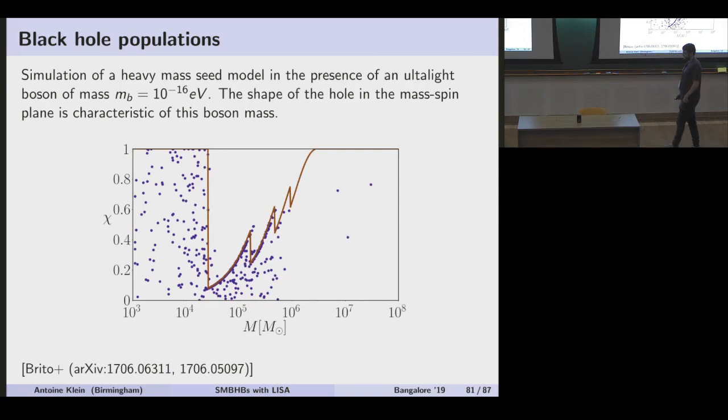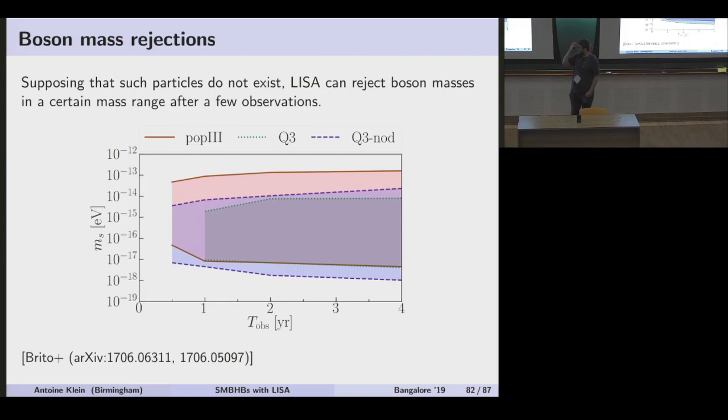All right. So this is what happens when there is a boson present, and if there isn't, and we don't see anything, we can exclude a certain boson mass range with LISA. It depends a bit on the astrophysical model.